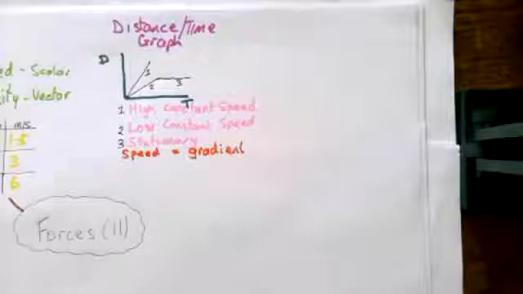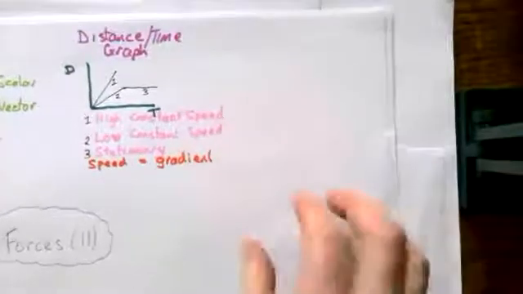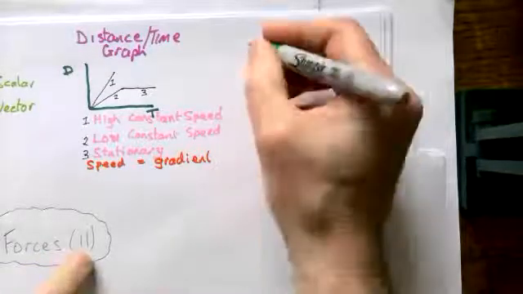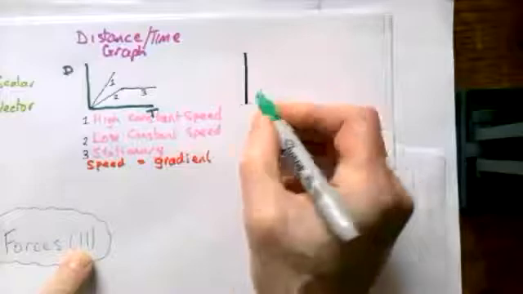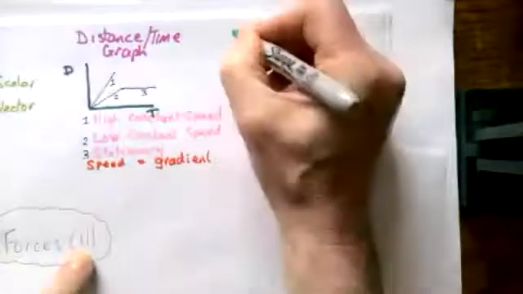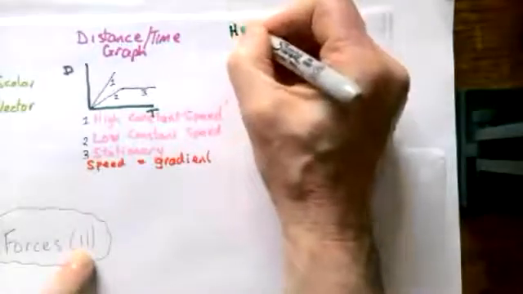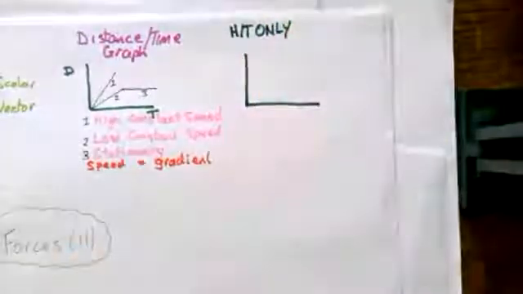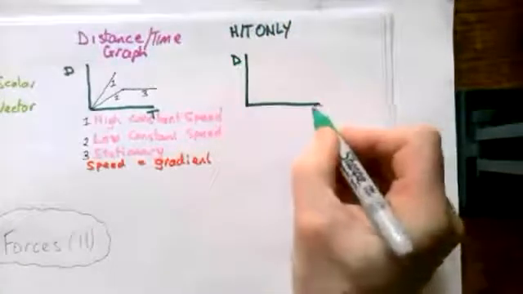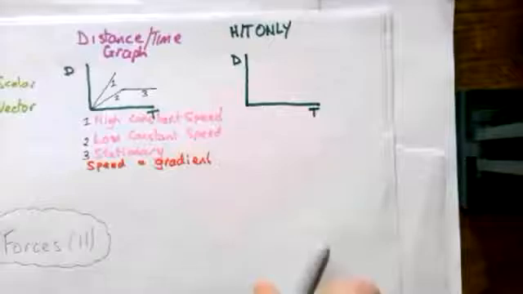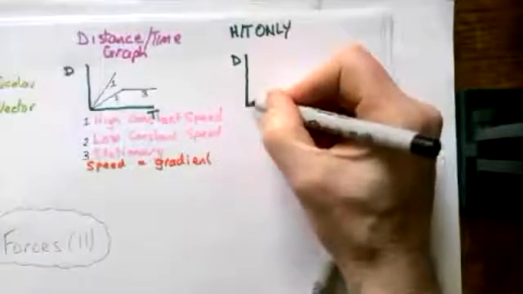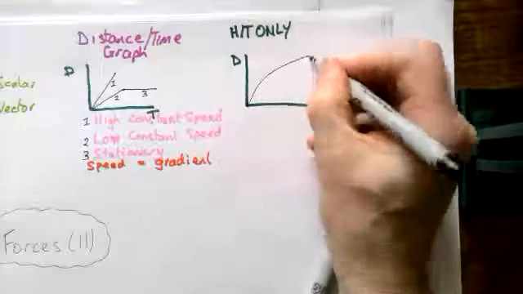Right, this next section is just for the higher tier only, because they need to find out the gradient of a graph that has got a curve on it. So on the distance time graph, if you're not doing higher tier, this won't apply. So I'll just put down HT only. Okay, we have our distance time graph. And if I try and draw a curve, let's go curve that way, it's easier.